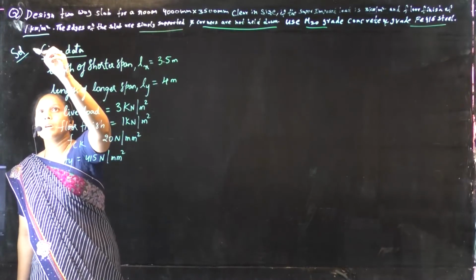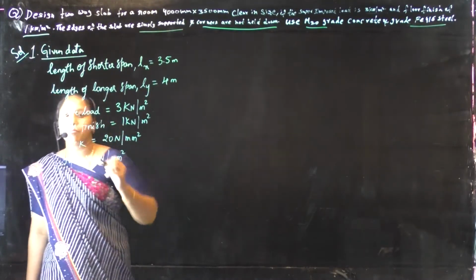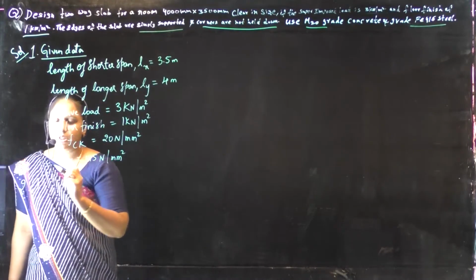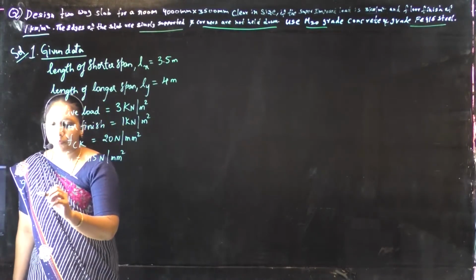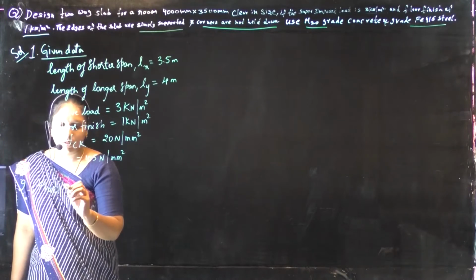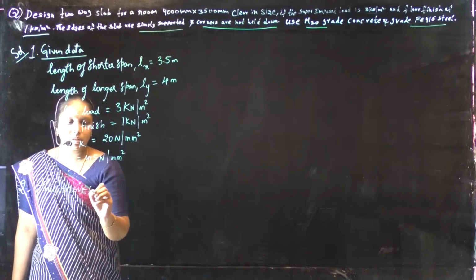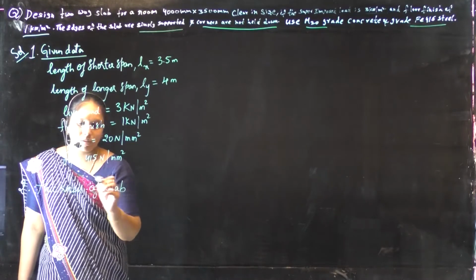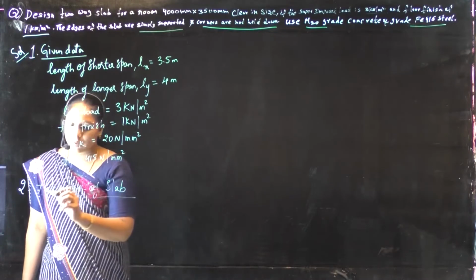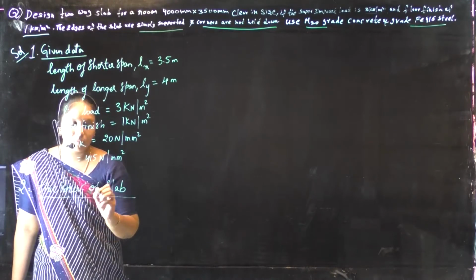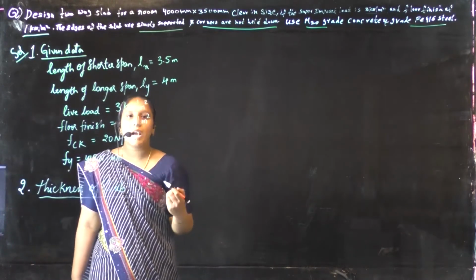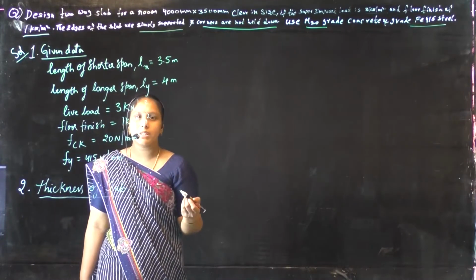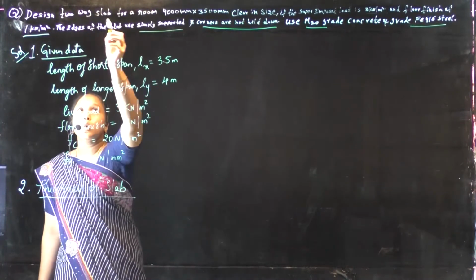So this is our step 1, to write down the given data, and the next step, step 2, is to calculate the thickness of the slab. How will we calculate the thickness of the slab for a two-way slab?